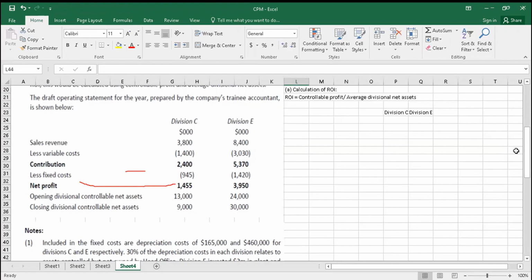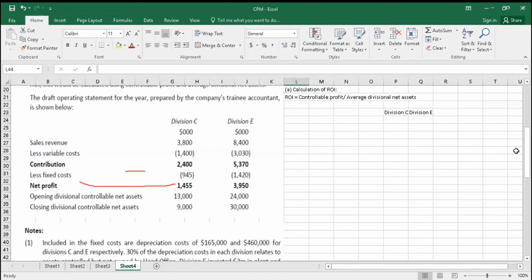Out of the depreciation, only 70% is controlled by the division manager. So separate that from the depreciation cost, deduct that, and arrive at the controllable profit. The second method is we start with net profit. Whatever was deducted which is not controllable in nature can be added back. So that is another method.